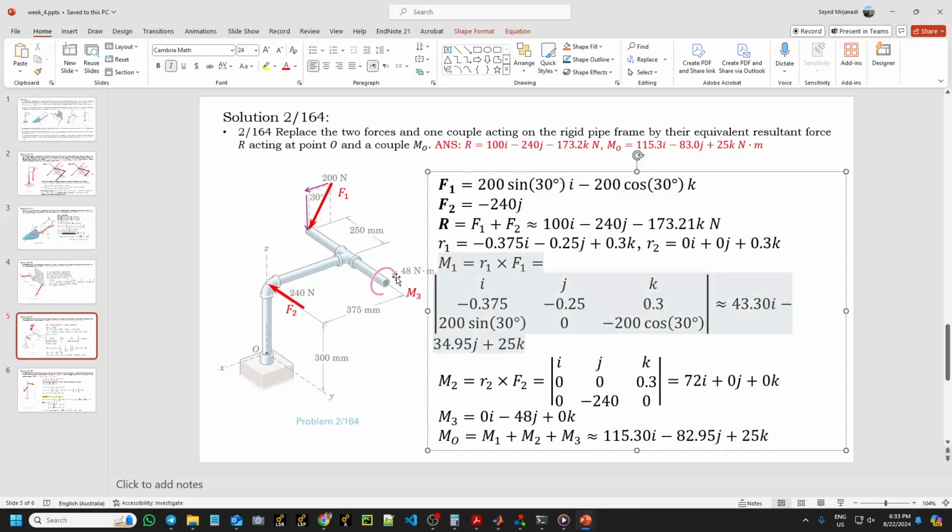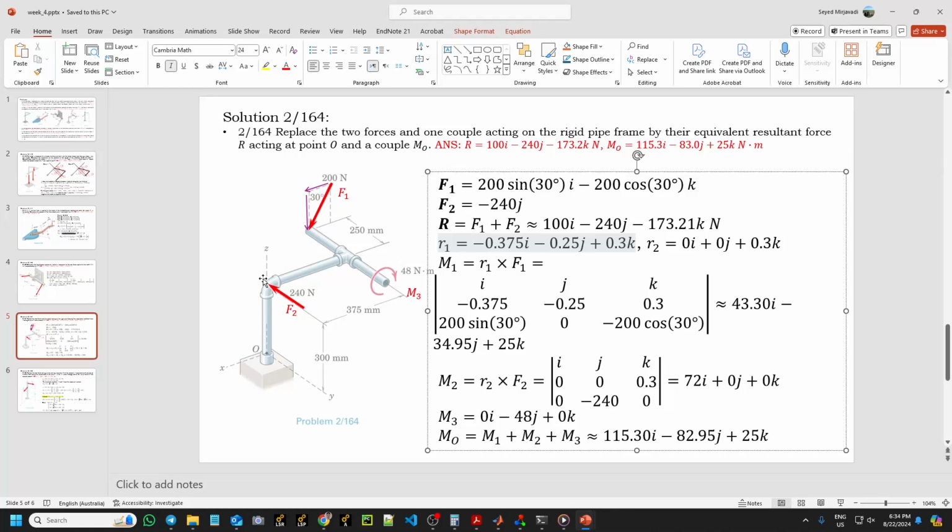So now the position vector. For R1, we need to find the coordinate of this point. Look here, I start from O, I will go up. How much is this length? 300 millimeter, so it will be 300 times K, but it is in SI units, so we need to change 300 to 0.3 meter.